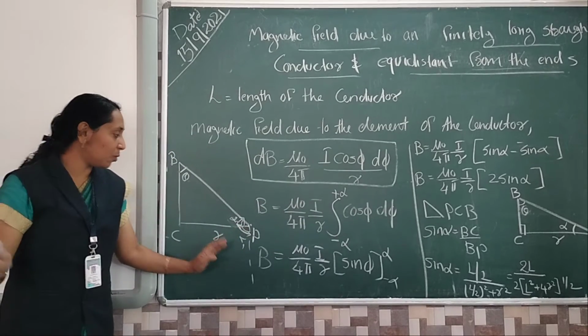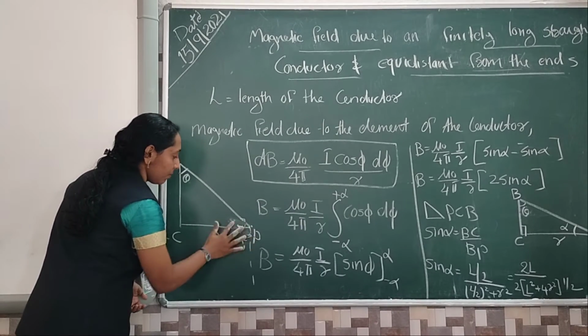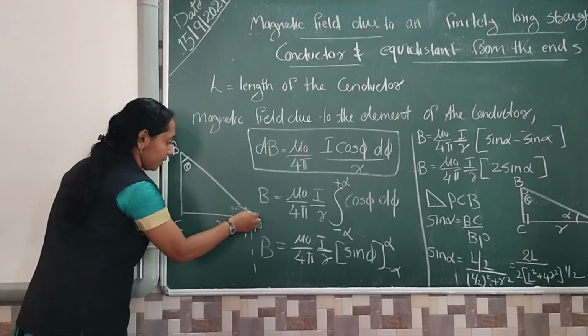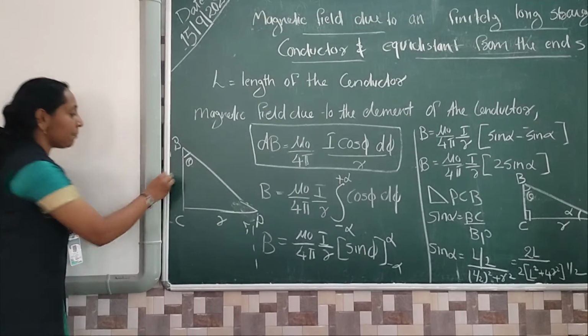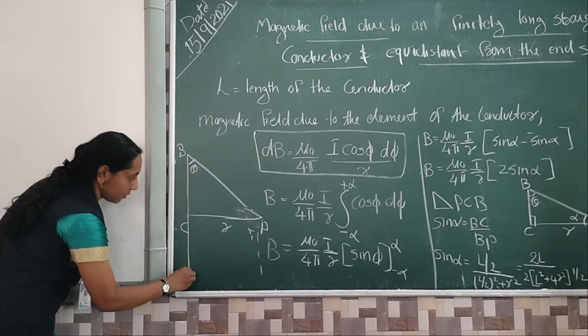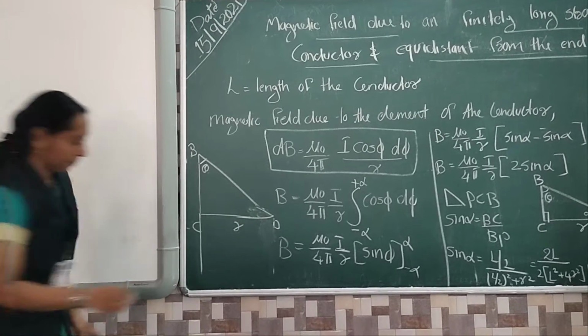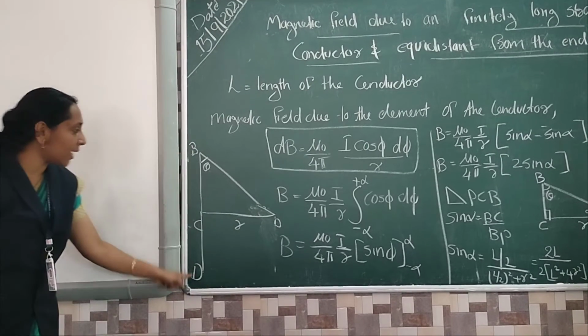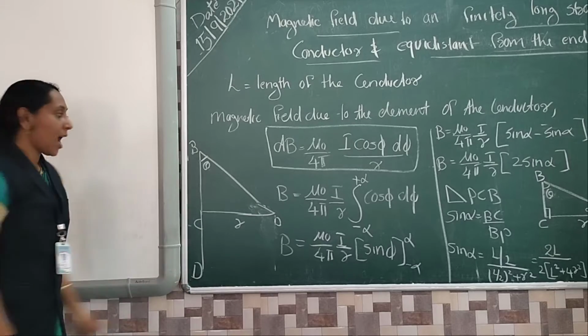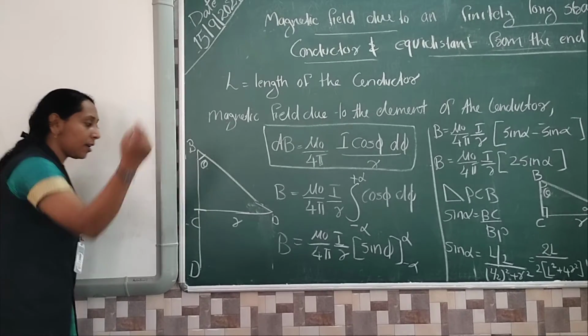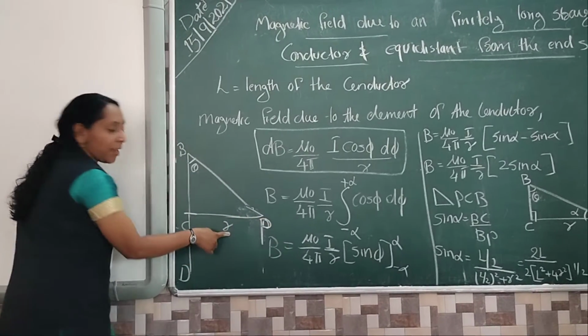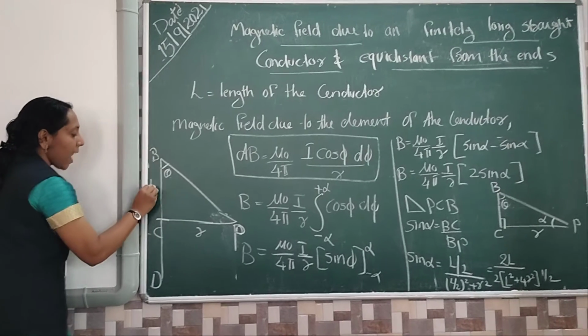I repeat once more. This is the length of the conductor BC. This is the total length of the conductor. Last time we took D. D is the total length of the conductor. I am considering C is the center point. R distance में point P. This is L by 2.